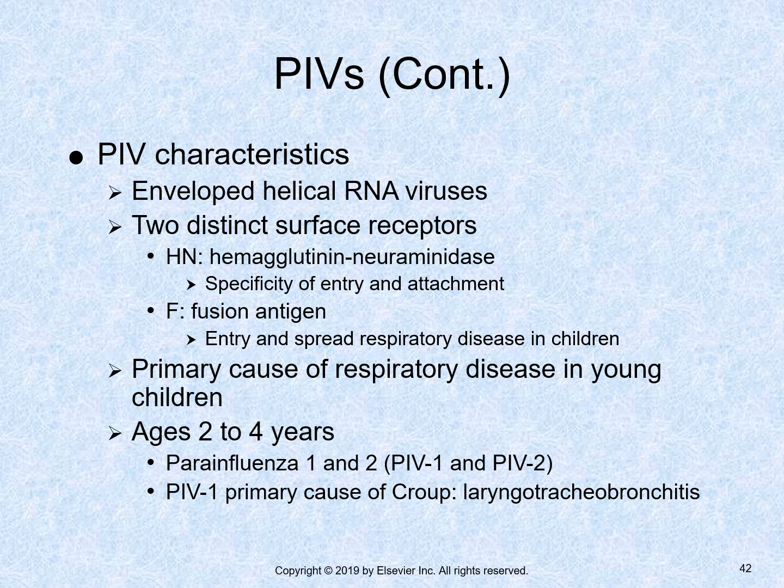Parainfluenza viruses are enveloped helical RNA viruses with 2 surface antigens, hemagglutinin neuraminidase antigen and fusion antigen. Hemagglutinin neuraminidase antigen is the viral adhesion molecule, whereas the fusion antigen is responsible for the fusion of the virus to the cell and of one infected cell to another infected cell.